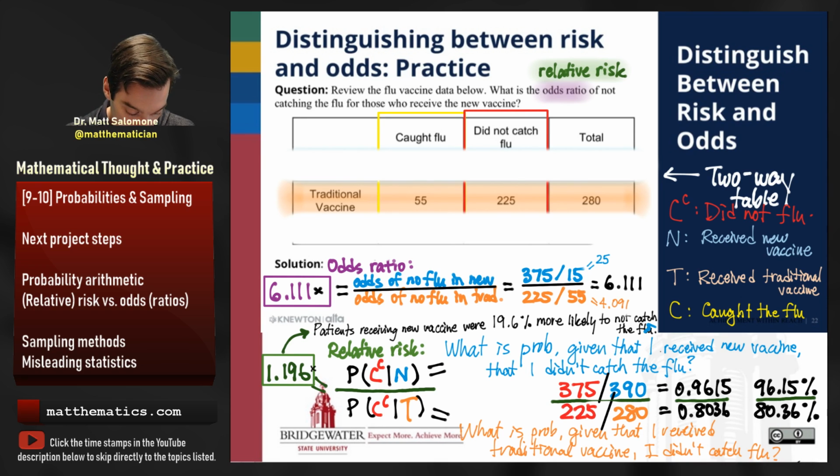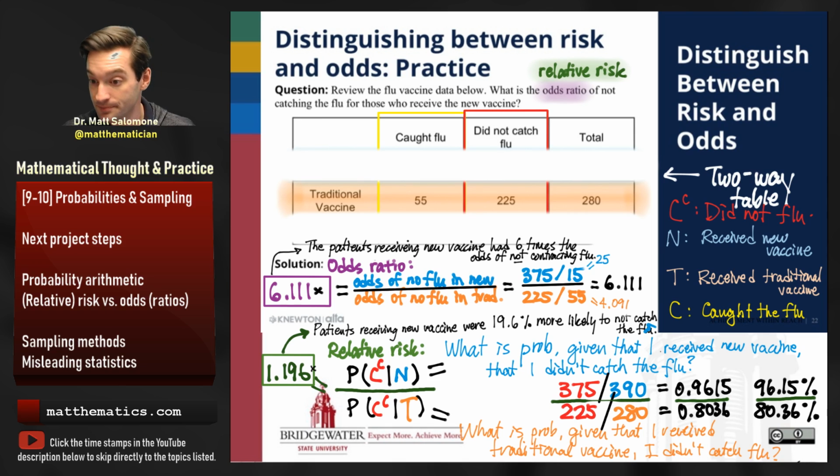So, how I would contextualize this is I would say the patients receiving the new vaccine had 6 times the odds of not contracting the flu compared to the patients who received the traditional treatment.